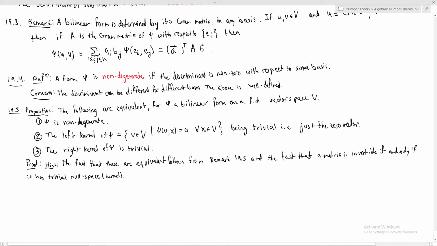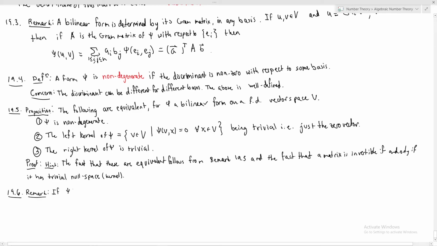So the final thing is basically a remark about dual bases. Okay.